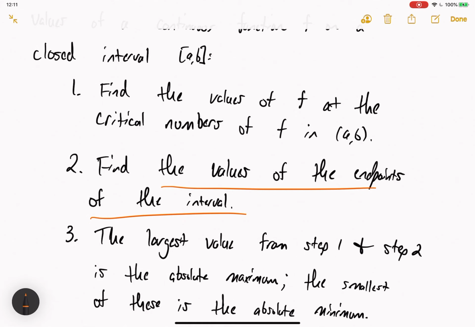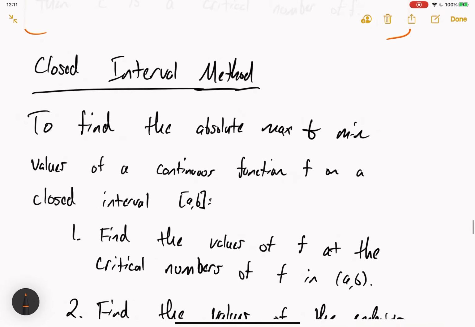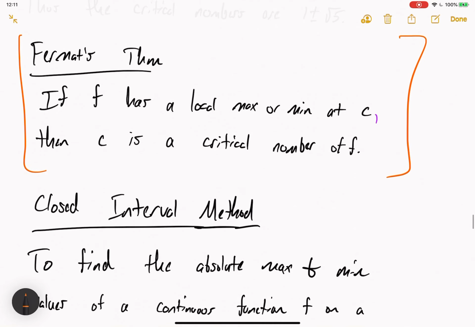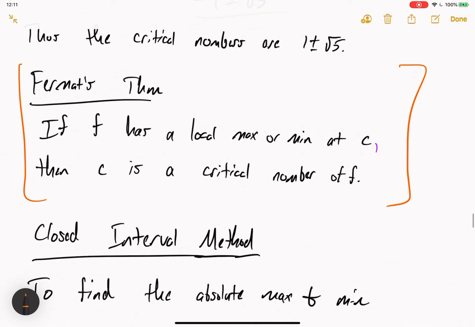This may seem kind of weird, but basically the idea is Fermat's theorem: if f has a local maximum or minimum value at c, then c is a critical number. That basically tells us a local max or min occurs whenever we have a cusp or something like that. But let's say we consider a function like this, but we only define it in this area. While yes, these are local max or mins, the max and mins here are going to be occurring on the endpoints.